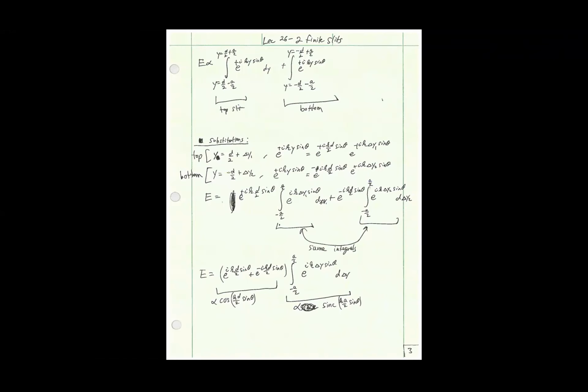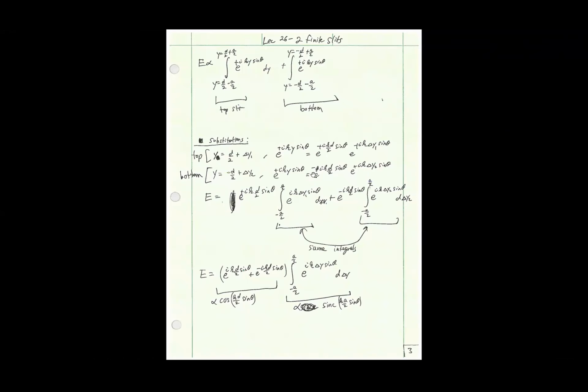Well, if we do that, these exponential factors turn into a product of two functions, because we're adding these two things in the exponent, and adding exponents is the same as multiplying exponentials. So we get e to the ik d over 2 sine theta. That's one of our factors. And then we get e to the ik delta y sine theta.